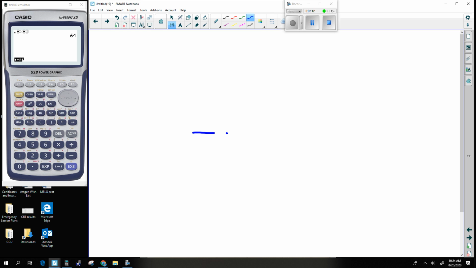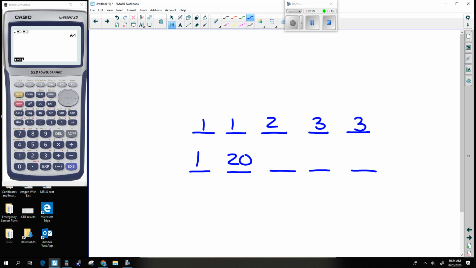Are the numbers really close to each other, like 1, 1, 2, 3, 3, or are the numbers really spread apart, like 1, 20, 100, 200, and 300? That's what a standard deviation is, real quick and dirty: it tells you the spread of data in comparison to itself.